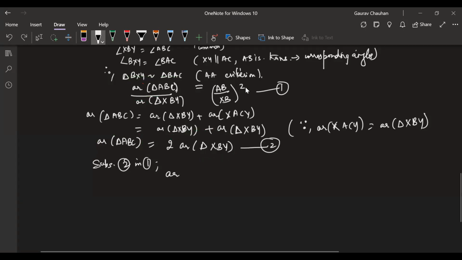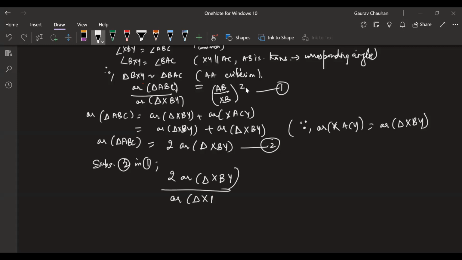So this gives me 2 times area of triangle XBY by area of triangle XBY. This I will keep as it is, so that I can cut it out to finally get a number. On my right hand side, I have AB by XB the whole square.